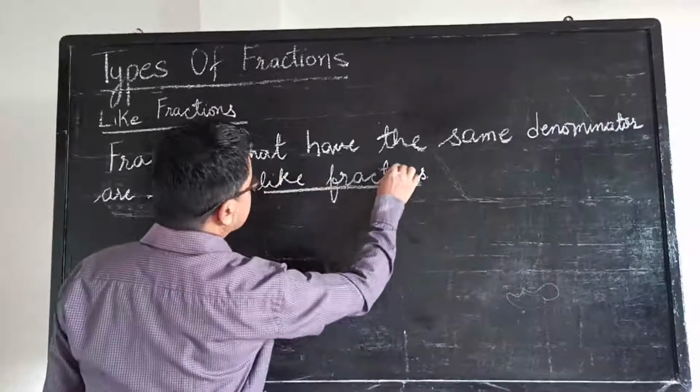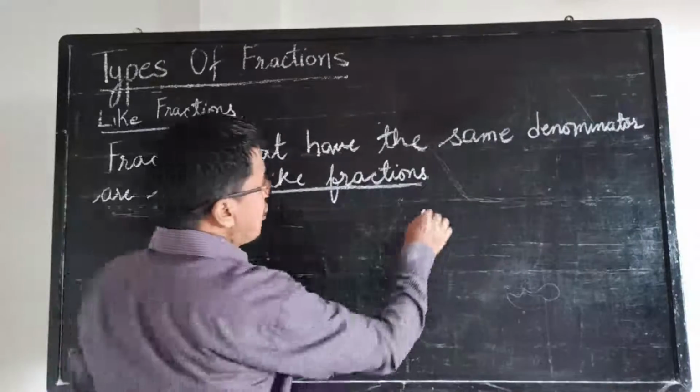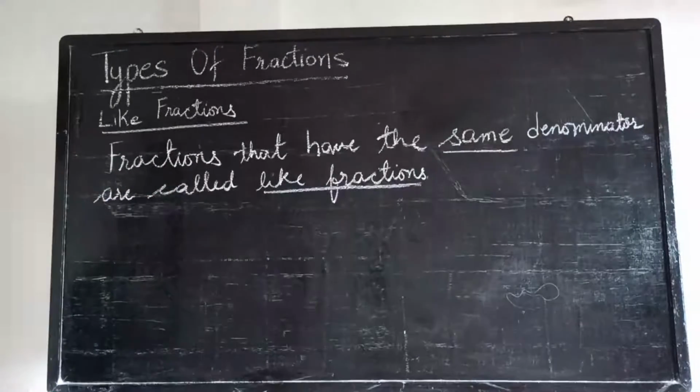So what are like fractions? Fractions that have the same denominator. Fractions that have got the same denominator are called like fractions.